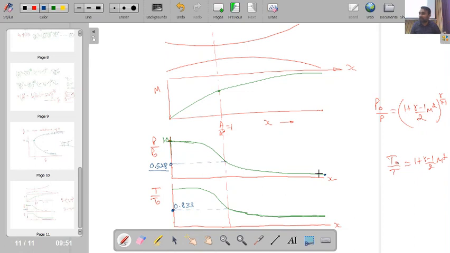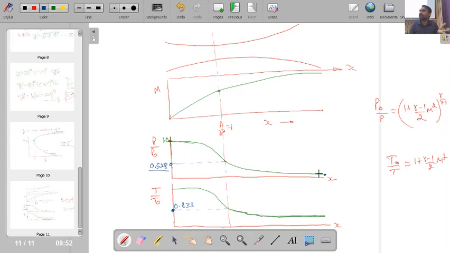If you just take a nozzle and place it in the atmosphere, will it allow the flow to happen? Consider you have a nozzle, you have placed it in the room. Will the flow take place from left to right, or say from convergent to divergent section? Flow will not happen. So for the flow to occur, we have to create the necessary pressure difference across the nozzle.